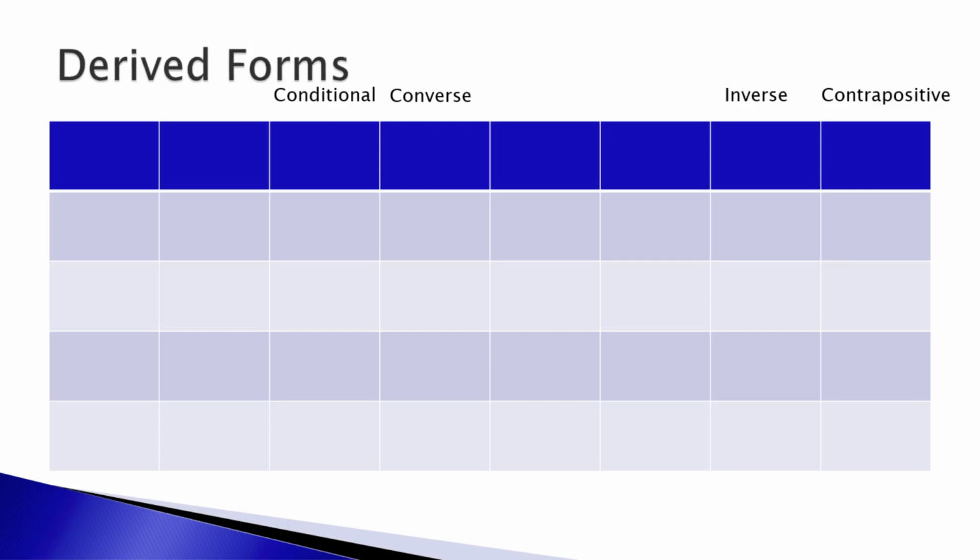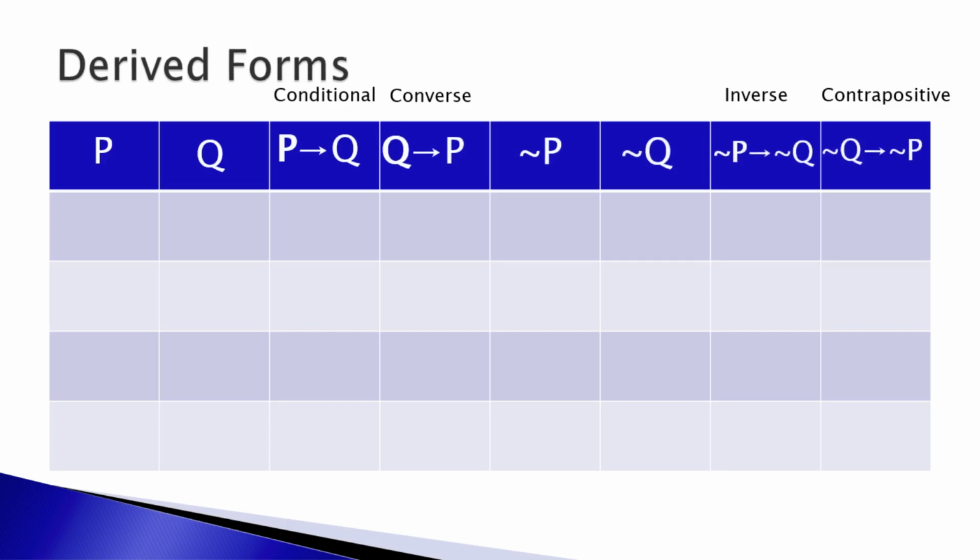So let's see the truth tables of all of these. P, Q, P implies Q, Q implies P, not P, not Q, not P implies not Q, not Q implies not P.